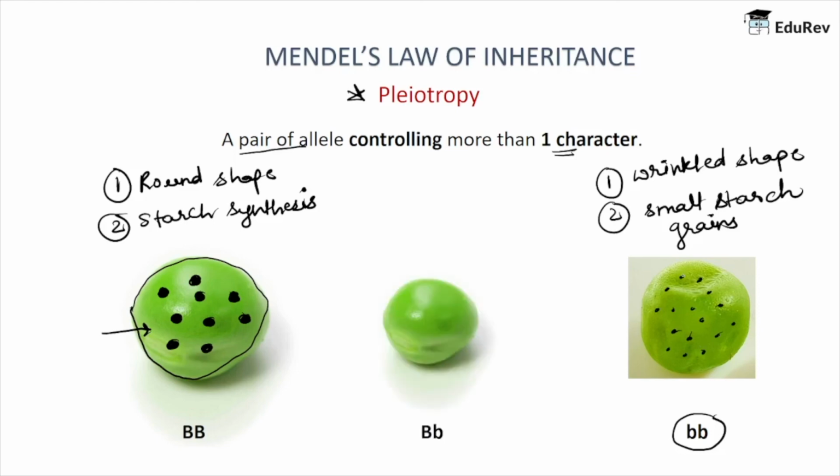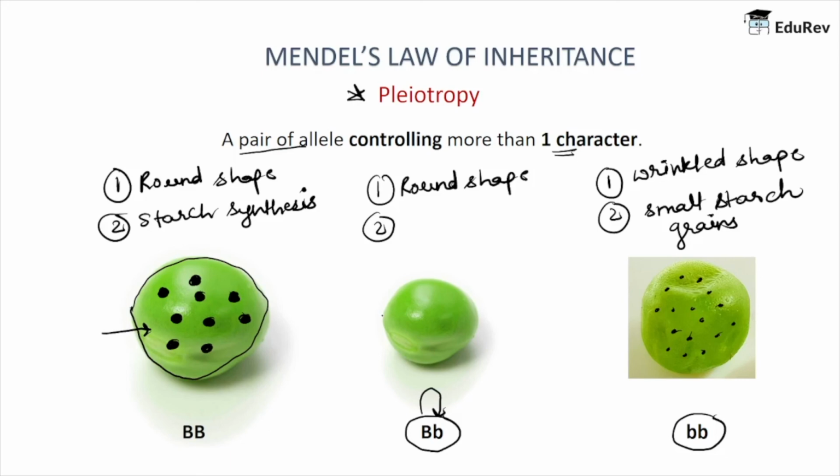Now coming back to the third condition, where you see the heterozygous dominant condition. Here capital B is dominating small b. So the shape is round because of it. Round shape. But can you make out any difference between this purely dominant one and this heterozygous dominant one?